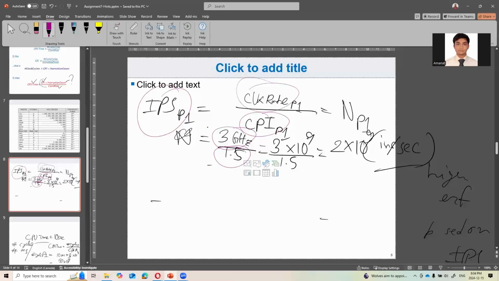If we just do this in the calculator, we get the result, and this is to the power 9. There's no minus. So this is the result of the first question.